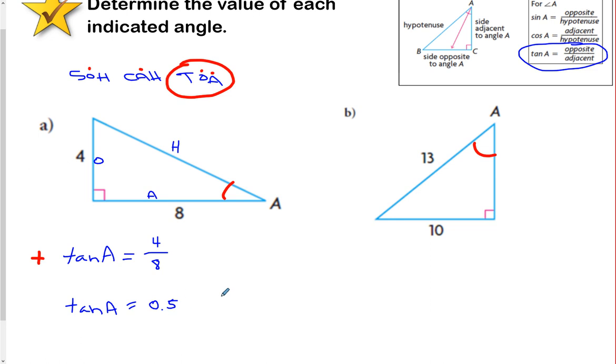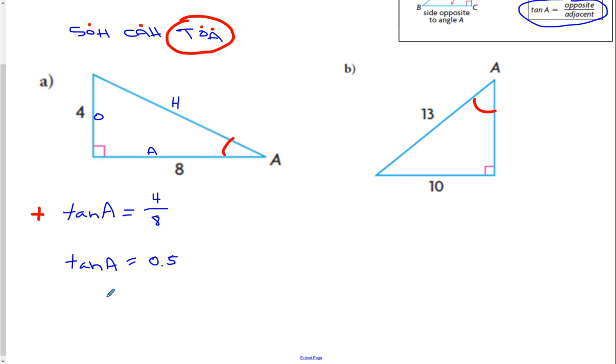So that's my ratio. It's not to 4 decimal places because this one happens to be exact. So how do we find an angle? Well, we've got to use our inverse button on our calculator. So I'm looking for that tan inverse, and I'd like you to write it like this: tangent inverse of 0.5. So on your calculator, let's try that out right now. I'd like you to make sure you can get the same one as me.